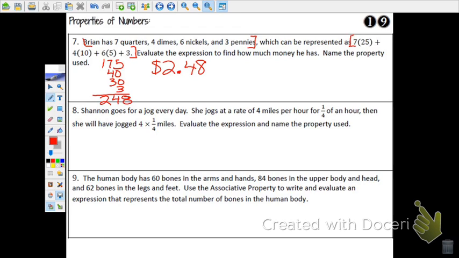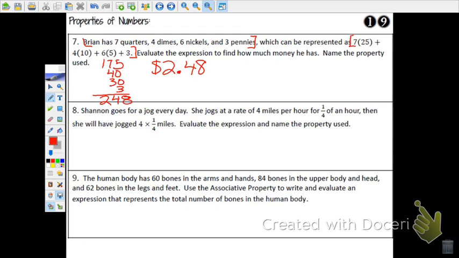Which number property are we using? Not multiplicative inverse. We're not distributing. We don't have an addition or subtraction problem in the parentheses. What did we do to change from this first part of the sentence when they were talking about coins, and we changed it to the math problem?